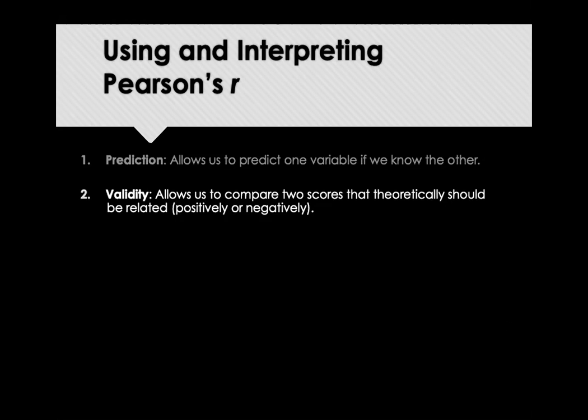When we're testing our new measure, we would want the scores on our scale to be correlated significantly with some other measure of depression that already exists, that we know is a really good measure of depression. And so a lot of times people will use Pearson's R and correlation to tell, does my new measure work? Is it a valid measure of whatever it is I'm trying to measure, right?